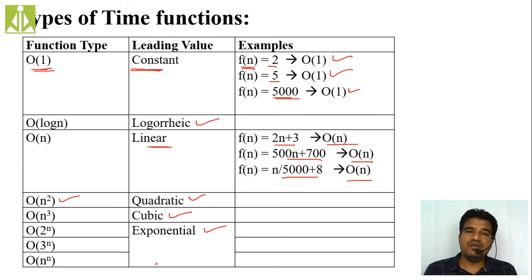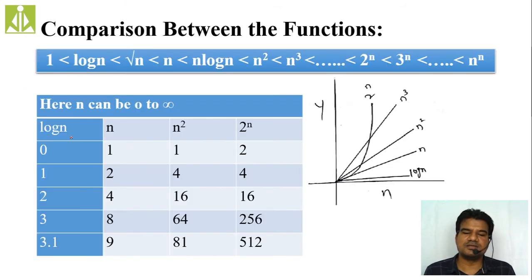Now we got different functions for different algorithms. How can we compare those functions? This is the comparison between functions. For some functions we are getting the order 1, for some order log n, for some root n, for some order of n, for some n log n, n square, n cube, 2 power n.